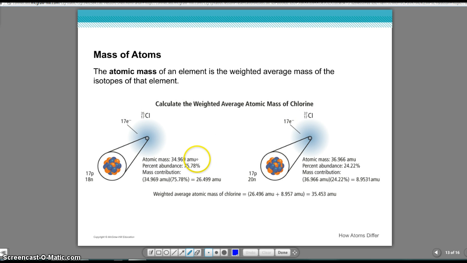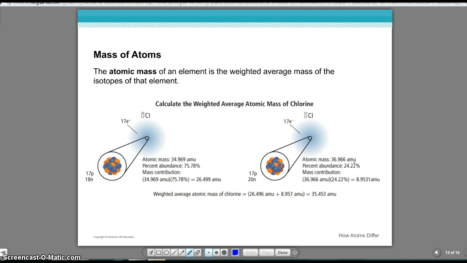Chlorine 35 has a mass of 34.969 AMU, and it's 75.78% abundant, which means 75% of all of the chlorine atoms found in nature are chlorine 35. The other 24.22% are chlorine 37.